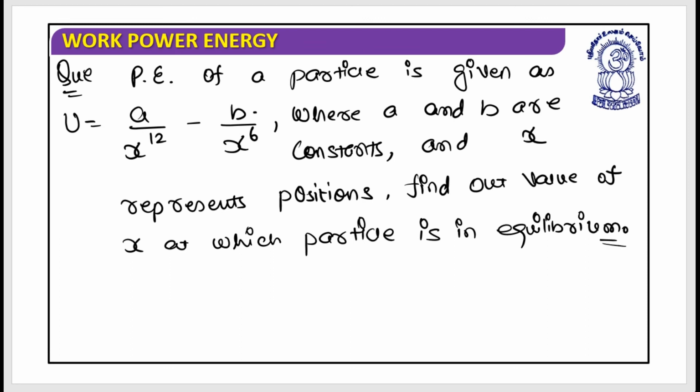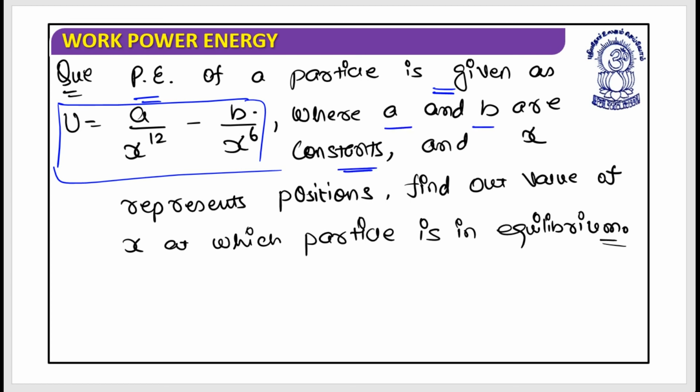So go through the data once. What are they talking about? They are talking about the potential energy of a particle, which can be written in mathematical form as U equals A divided by x to the power 12 minus B divided by x to the power 6, where A and B are constants and x represents position.